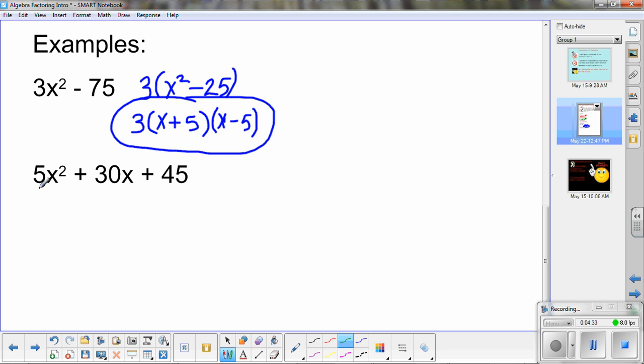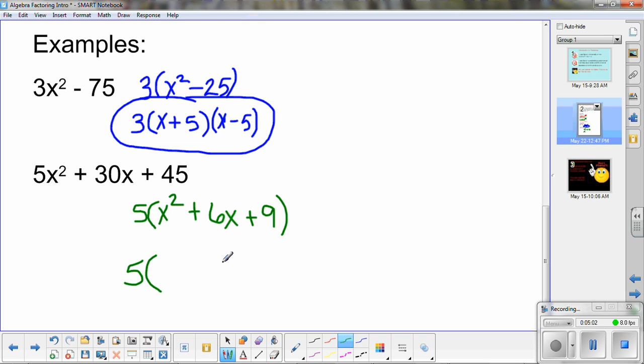Now in our last example, if I look at each one of these three terms, I can factor out a 5, which is going to leave us with 5 times the quantity x squared plus 6x plus 9. And now this right here can be factored doing what we did up at the top.